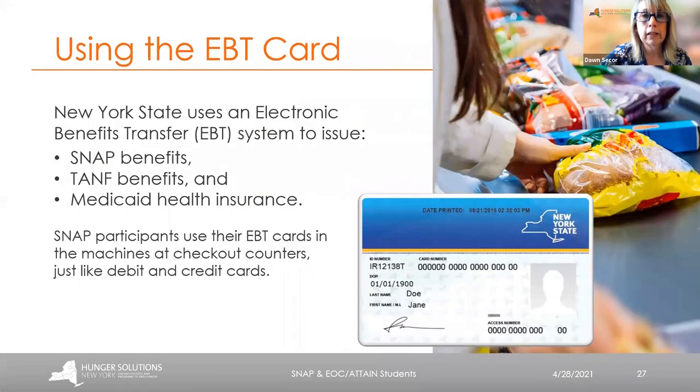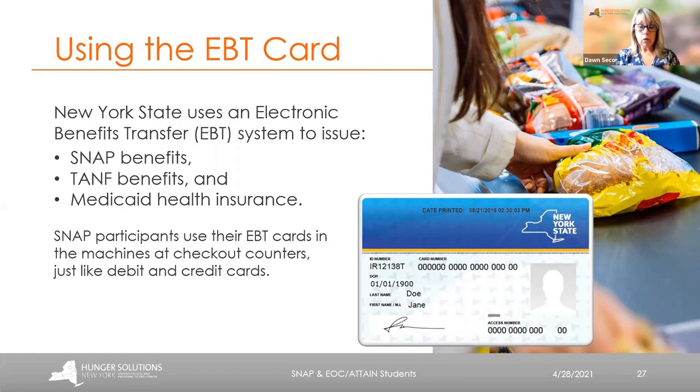And the last slide is getting the EBT card, right? So I've said this before, but here's a picture, and here's what New York State's EBT card looks like. People receive SNAP benefits, they receive family assistance or cash benefits known as TANF, and they also receive Medicaid health insurance, all on this CIVIC or EBT card.